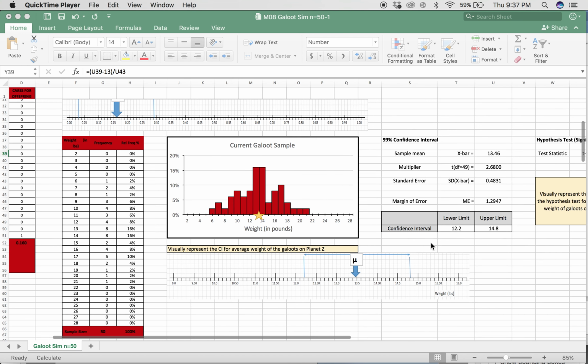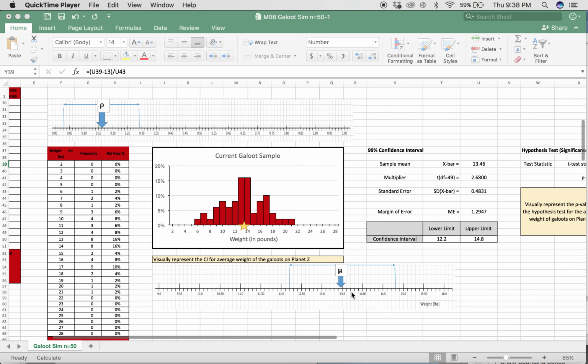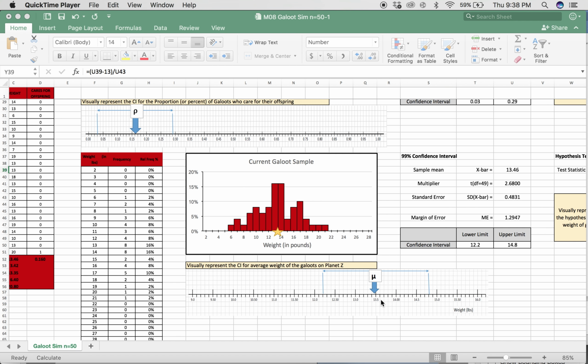And for weight, the lower limit was down here at 12.2, while the upper limit was at 14.8, and then mu, or the average, was at 13.46.